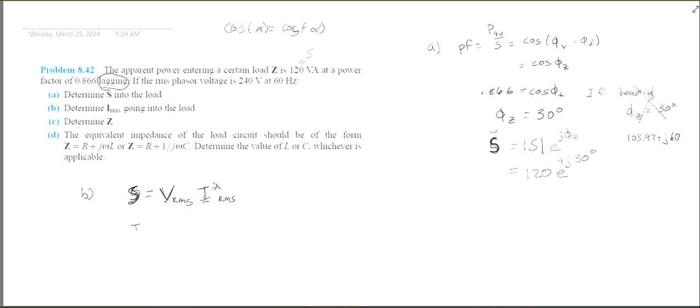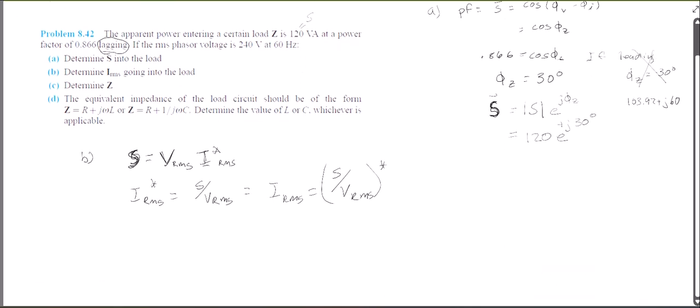And so I RMS conjugate equals S over V RMS, or I RMS equals S over V RMS conjugate.